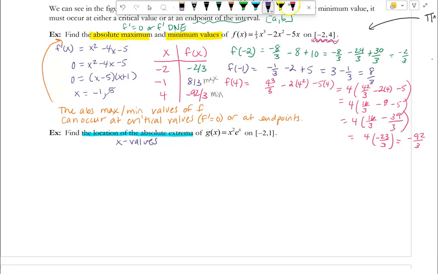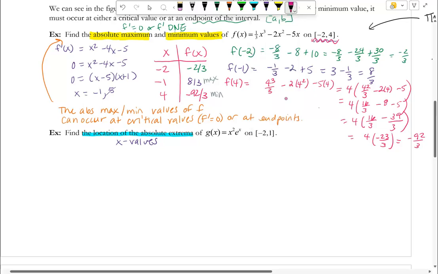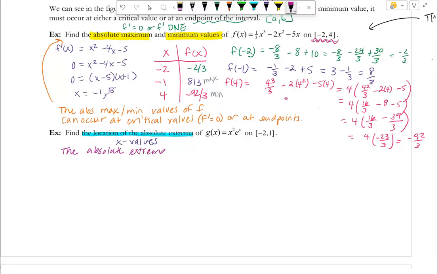So again, what I should have modeled before is that if this is a free response style question, I want to explain to the reader why I'm about to do the thing that I'm about to do. So I might write that the absolute extrema of G, you could use the word extrema to be general, or extreme values. I'm going to say extrema.